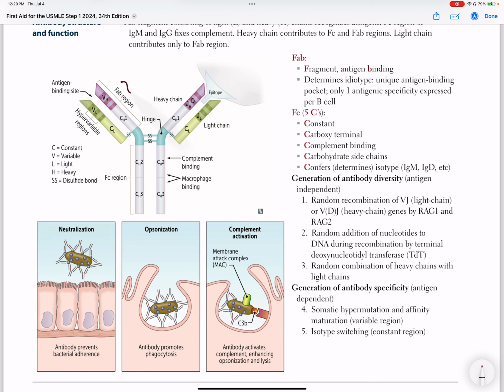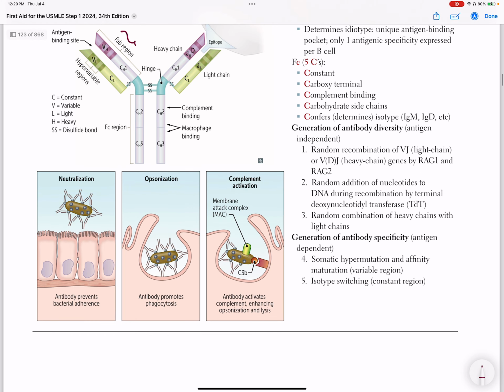So we have the Fab region and then we have the Fc region. The Fab region is the fragment of antigen binding and determines the idiotype: the antigen binding pocket, with only one antigenic specificity expressed by the B cell. Fc is the constant carboxy terminal, complement binding, carbohydrate side chains, conferring isotype IgM, IgD.